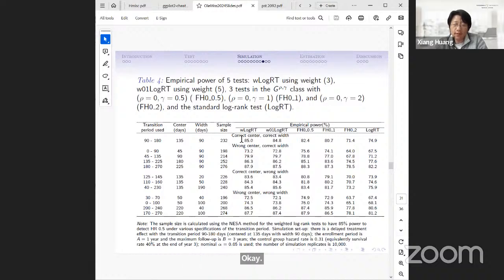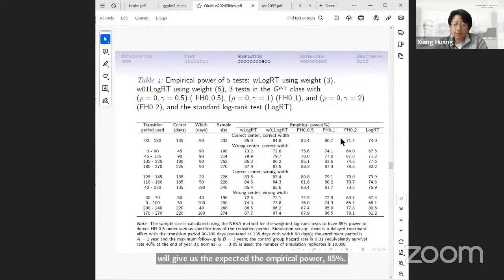In this case, when we're using these weighted log-rank tests, the transition period corresponds to the true one. So that will give us the expected empirical power, 85%.